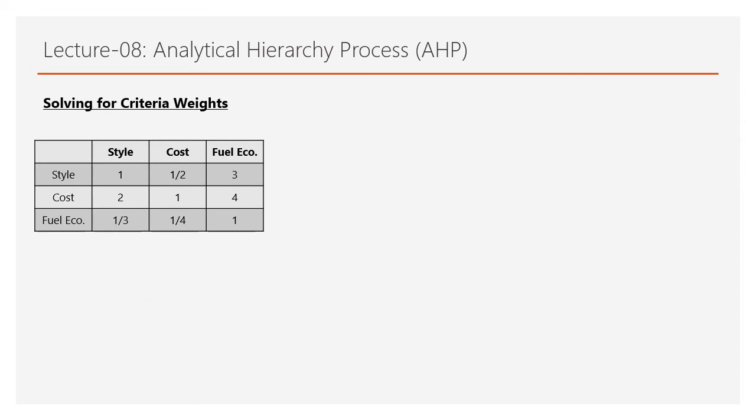Now that we have this matrix, we need to solve for the corresponding weights. You can find several ways to do that. For AHP, we'll be using one way in this lecture. We are going to resolve this matrix in the following manner.